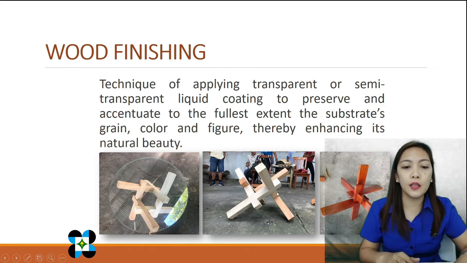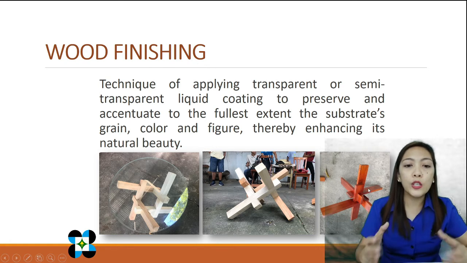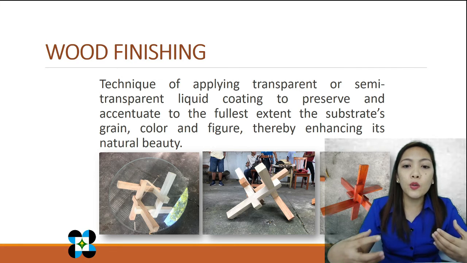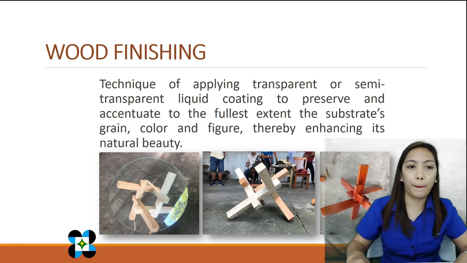So for instance, in this picture, it shows yung changes ng isang wood furniture, no, from dun sa raw or without finish hanggang ma-finish na siya, kung saan we change the natural color of the wood product, but then ma-identify mo pa rin or malalaman mo pa rin na yung substrate niya is kahoy.